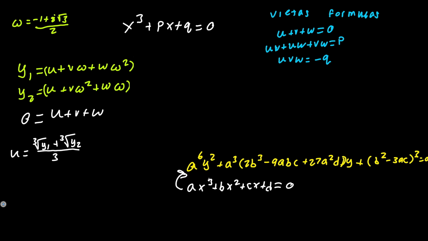And if we're also including a, then we will have minus b, where the solution in general would simply be u is equal to a times the cube root of y1 plus a times the cube root of y2 minus b all over 3a.